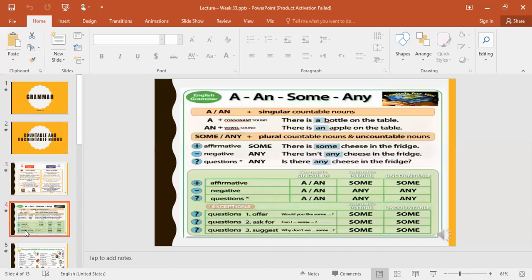Yesterday we also talked about a and some and any. Who can recall these, please? Can anybody explain these for us, other than Ismail?